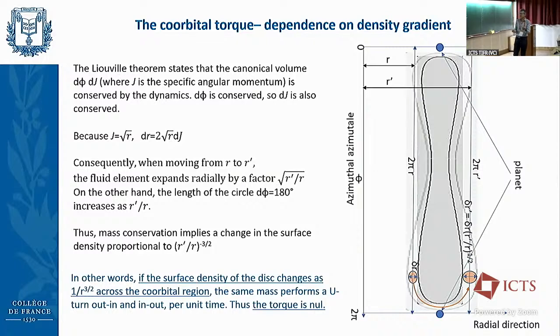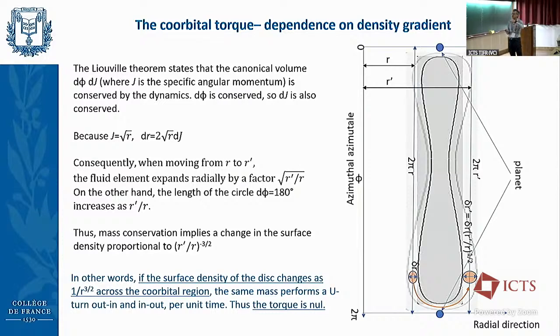But if the surface density of the disk across the region is different from 1 over r to the power 3 half, steeper or shallower, then the effects don't cancel. In particular, if the disk is steeper, you have more mass doing this U-turn than this U-turn, so the planet is accelerated towards the star.